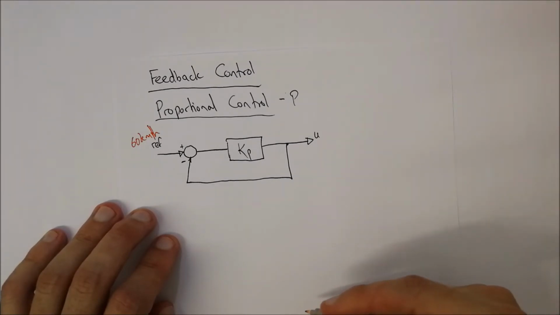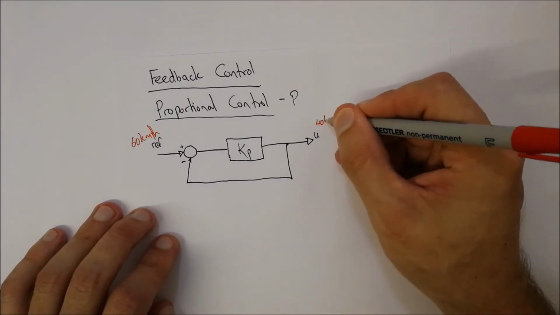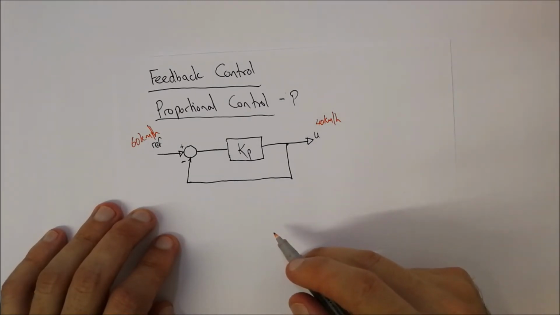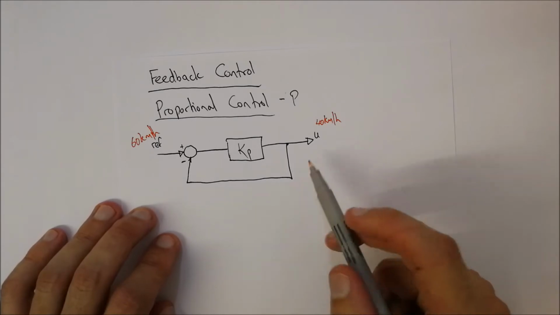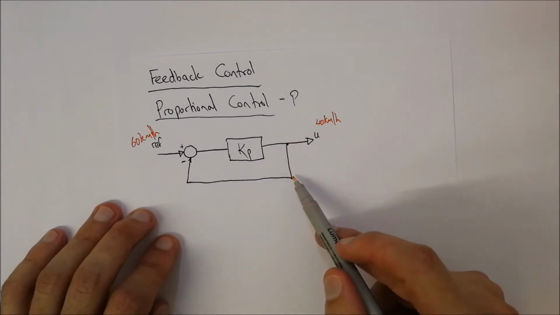Okay, so let's say in this example you're going only at 40 km per hour. So that is the speed that the vehicle is now only going at. So essentially there's some error. Okay, so this 40 km per hour will come down.